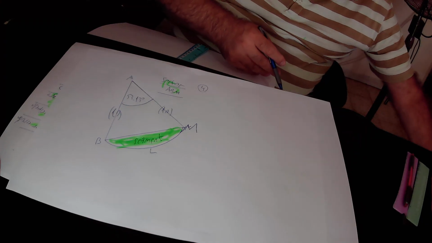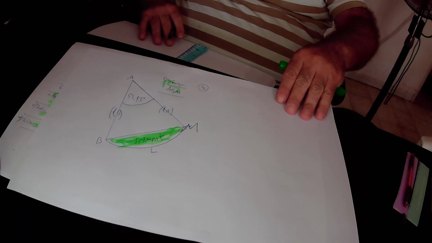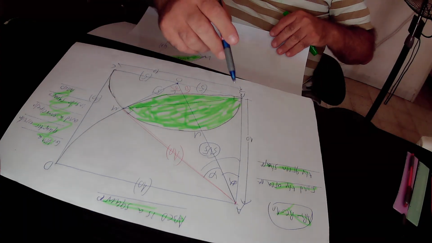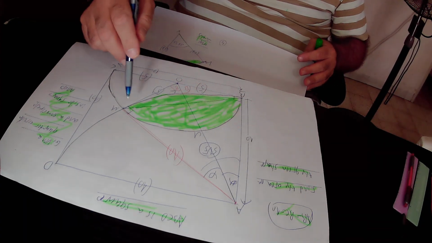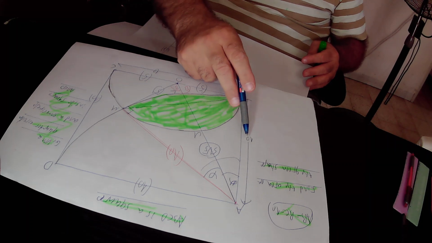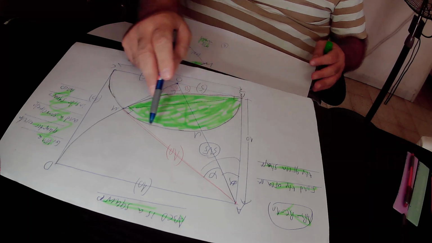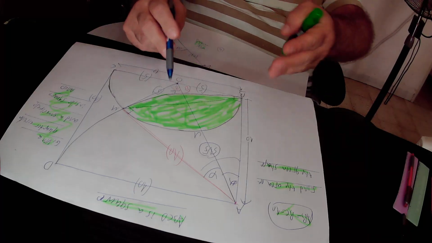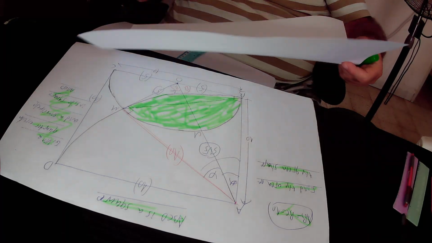So what is the area of sector A and B? The two legs of sector ABM are the radius of the quarter circle, each equal to 10.